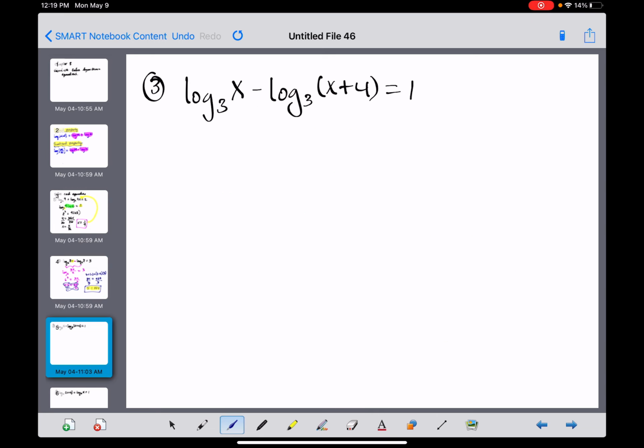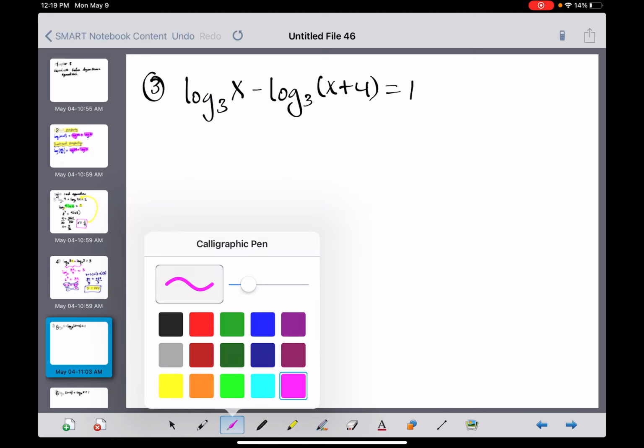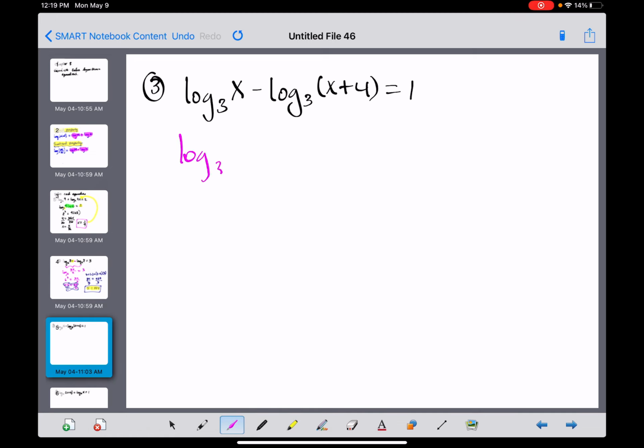Okay, next one. In number 3, same thing, we're going to convert these two logs into 1. So log base 3. This positive x goes to the top. This negative right here goes to the bottom, equals 1. And then the next step is exponential form, 3 to the first power equals x over x plus 4. And we're going to put a 1 underneath here and cross multiply like this.